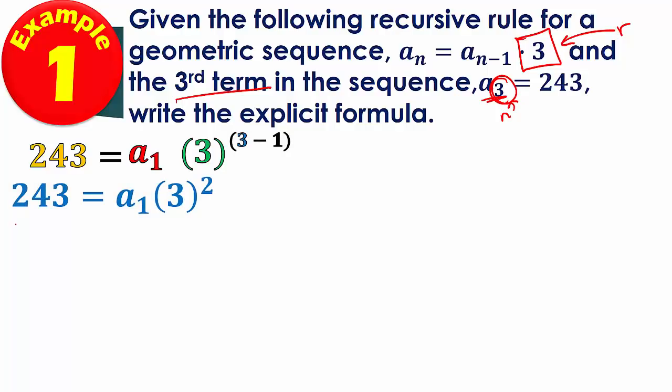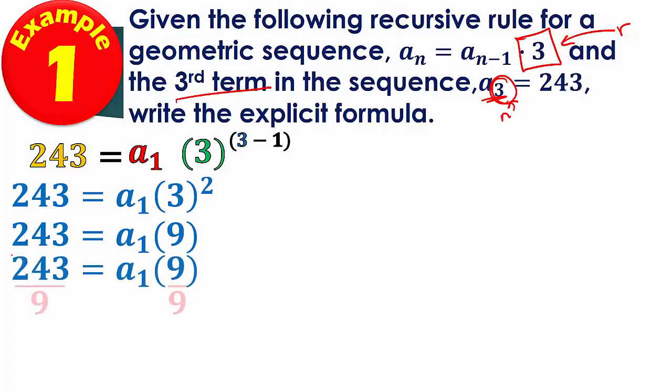So this is what we're left with: 243 equals a sub 1 times 3 squared. So we're solving for a sub 1. Remember, this is all being multiplied together. So 3 squared is 9. So we have a sub 1 times 9 equals 243. All we have to do is get a sub 1 by itself, so we divide both sides by 9, which gives us 27.